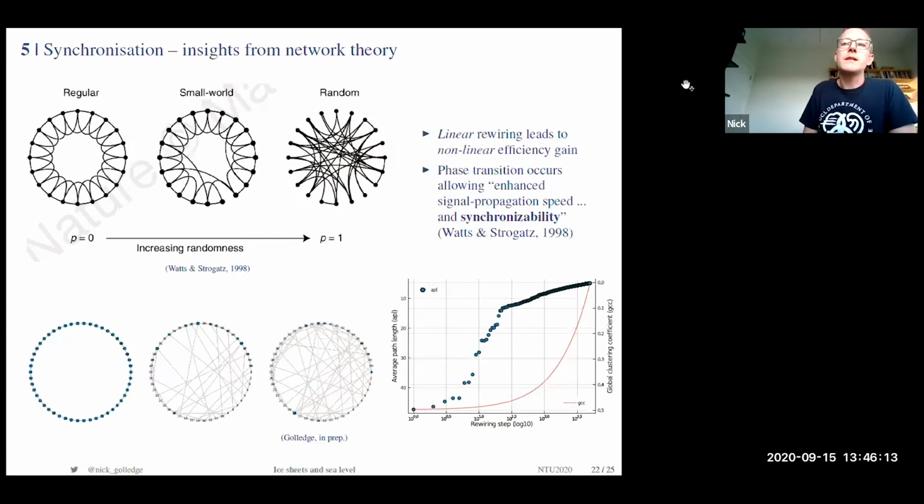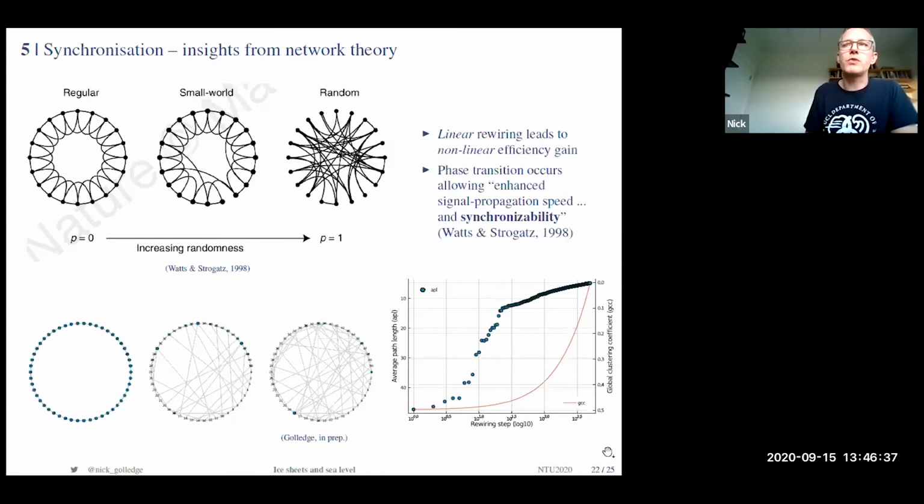So taking, in this case, a ring lattice network and saying, let's see how these systems behave under different conditions. On the top left-hand side, you can see a regular lattice where each node of that network is just connected to its nearest couple of neighbors. You can imagine that trying to get a message from one side of that lattice to the other is quite slow.